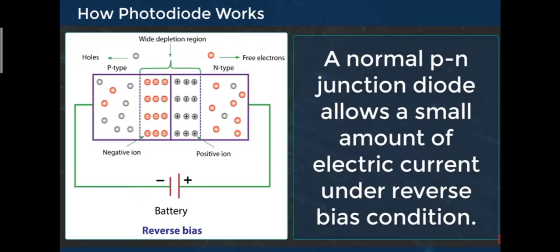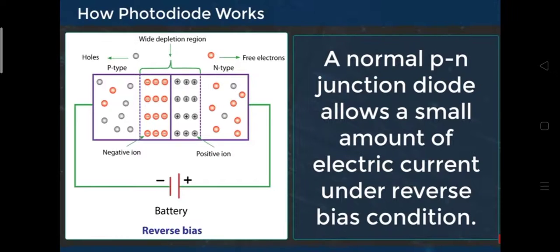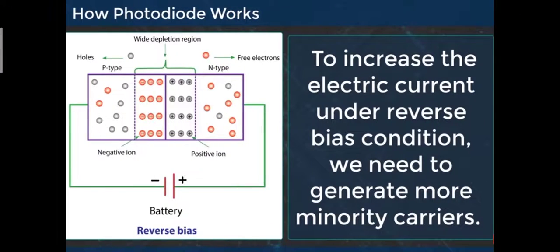These electrons will move towards the n-type semiconductor, but there will be repulsion between these electrons and the electrons in the depletion region.